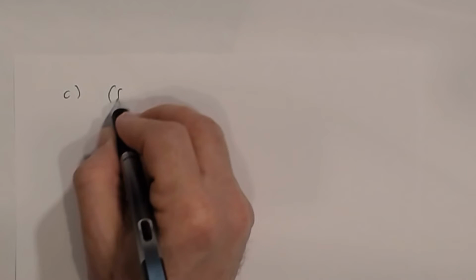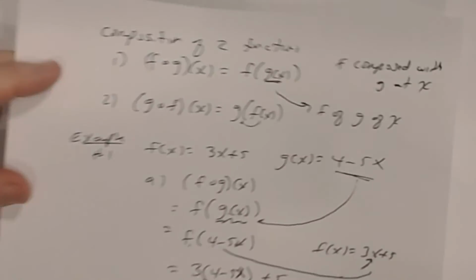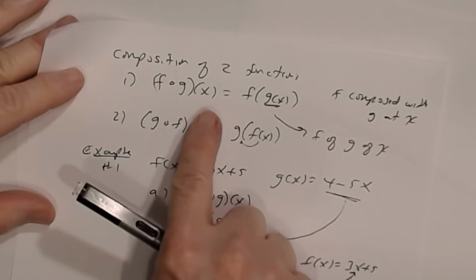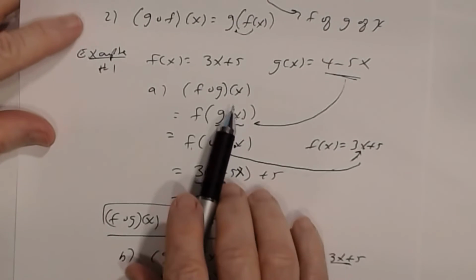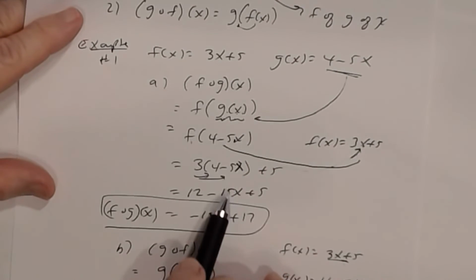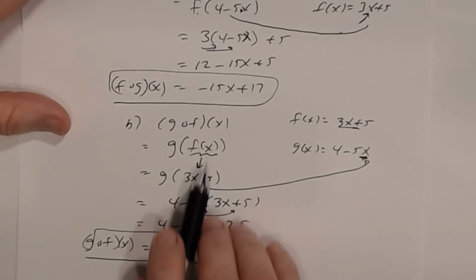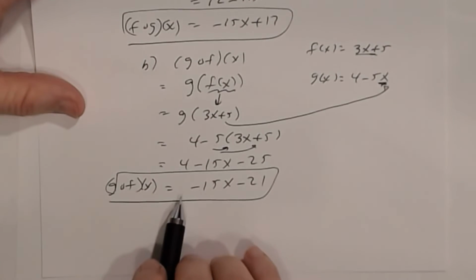Okay, letter C. Suppose you had f composed with g at 2. Just like in a previous topic we talked about, whenever you're composing at x, your answer is a variable expression.